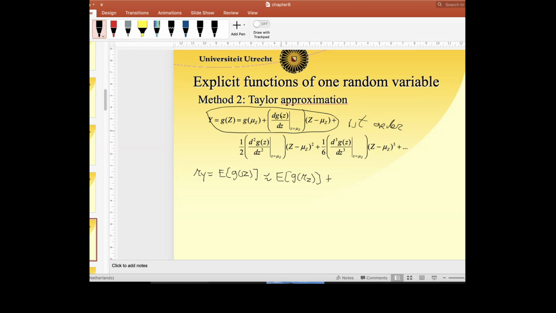If we inspect this one, we can see that this is a constant, so it can be taken out of the expected value operator. So we end up with the expected value of this guy.